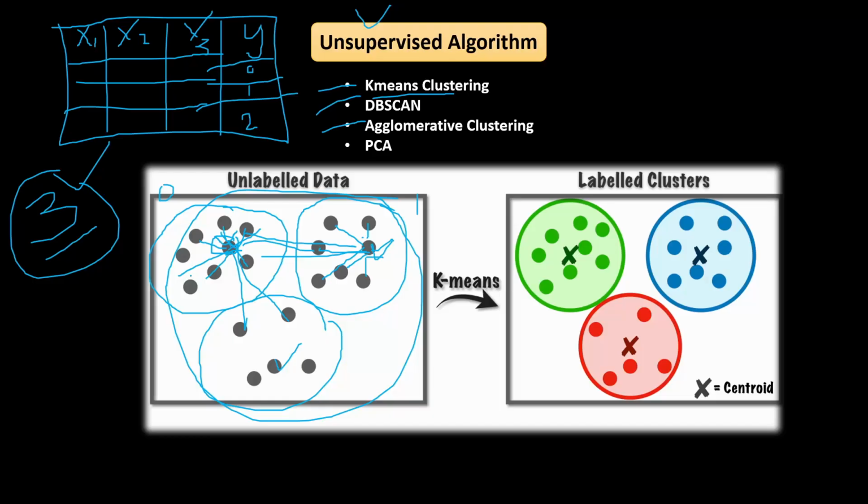So now all these data points belong to this cluster, which is 0. All these data points belong to this cluster, which is 1. All these data points belong to this cluster, which is 2. So now we have successfully created a target column, or you can say clustering labels or groups. This is called unsupervised learning. Now again, clustering, DBSCAN, agglomerative have working flows that could be different, but at the end they will create clusters.